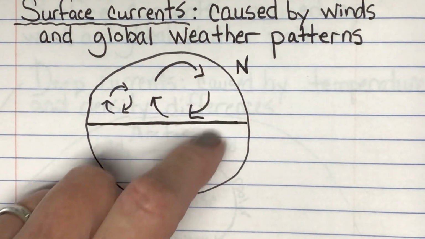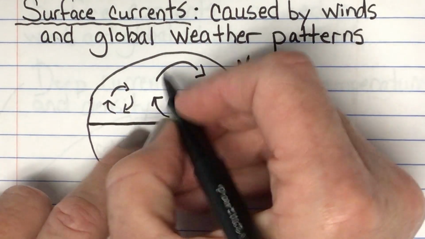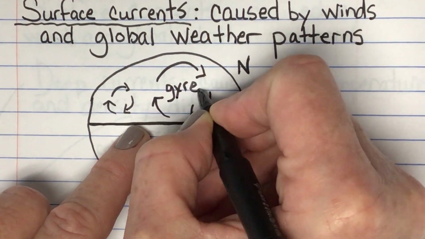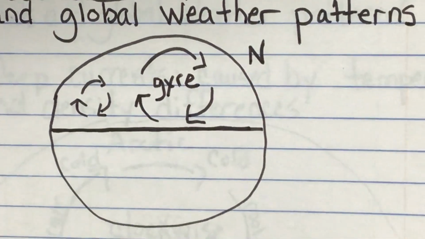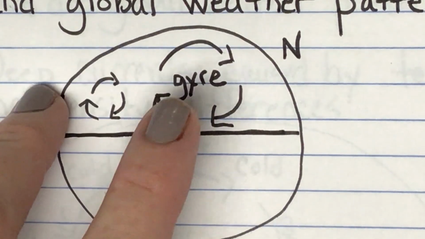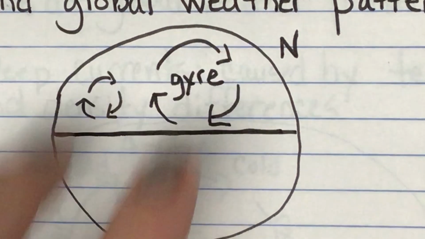How are they spinning? In a circle, clockwise or counterclockwise. That word gyre is G-Y-R-E. So in this picture, how many gyres are there? Two. Okay, good.